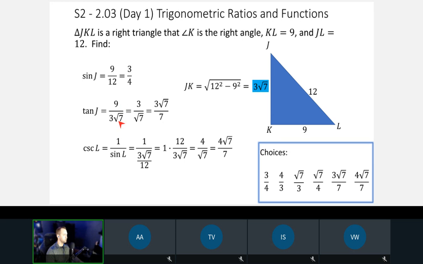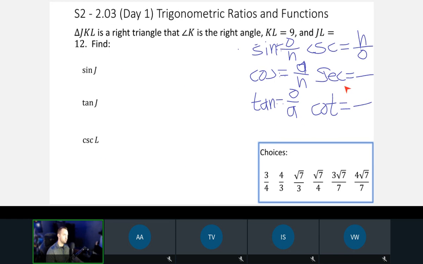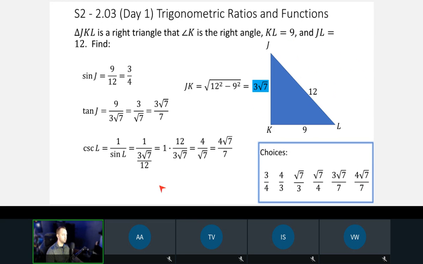Tangent is opposite over adjacent. Cosecant, on the previous page, I listed this. This is on your trig identity formula sheet. Cosecant and sine are inverses. So sine was opposite over hypotenuse. Cosecant is hypotenuse over opposite. That's what you could do for this one. And that will allow you to start at this point versus doing it the way that I showed here.